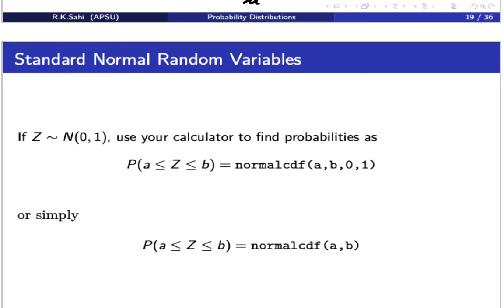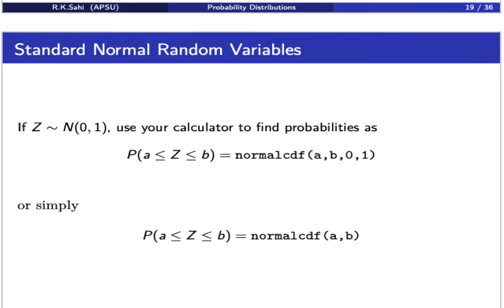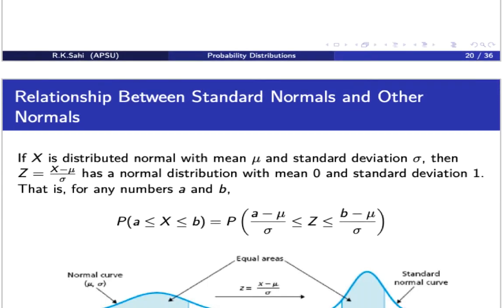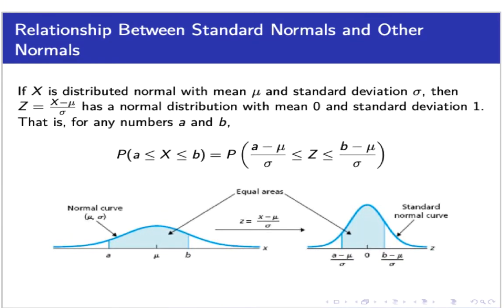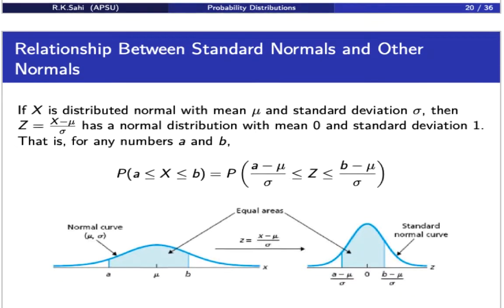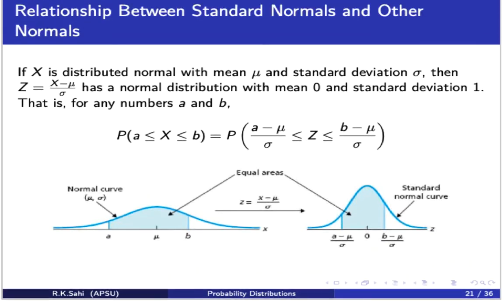Okay, so let's see the relationship of the standard normal distribution with the normal distribution. So when we say that X has a normal distribution, that means we are talking of a normal distribution with mean mu and standard deviation sigma.